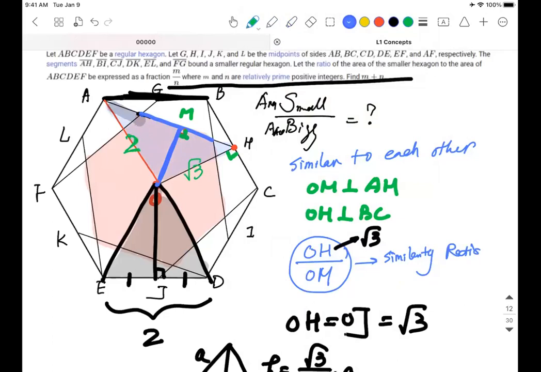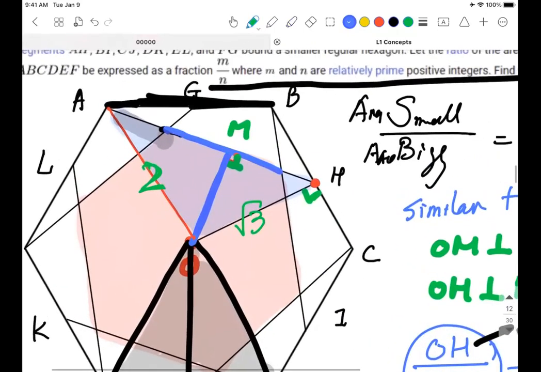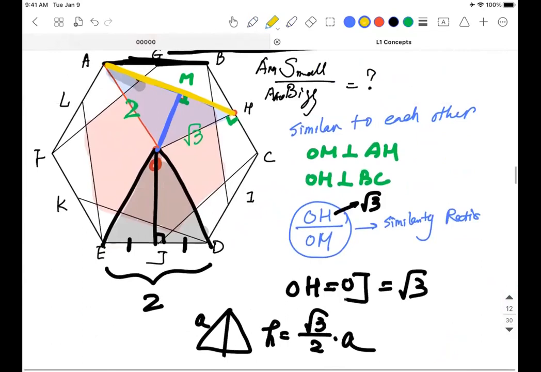So in this blue triangle, I already know OA and I already know OH. How can I determine OM? Actually, if I can figure out the value for AH, if I know AH, I would be able to determine OM. Is that right? This is exactly what we mentioned.